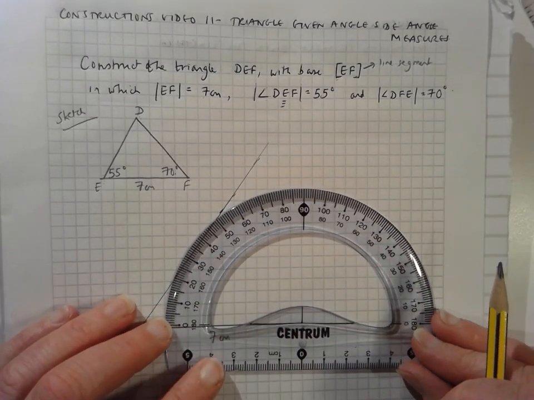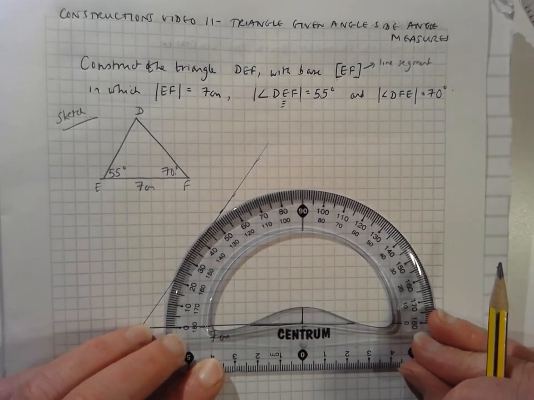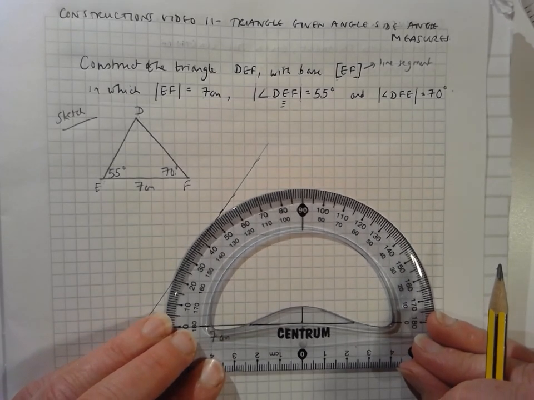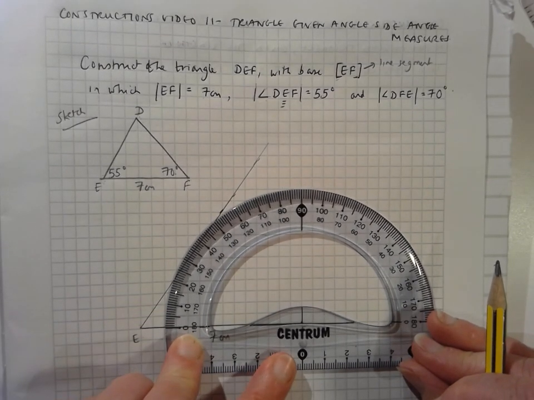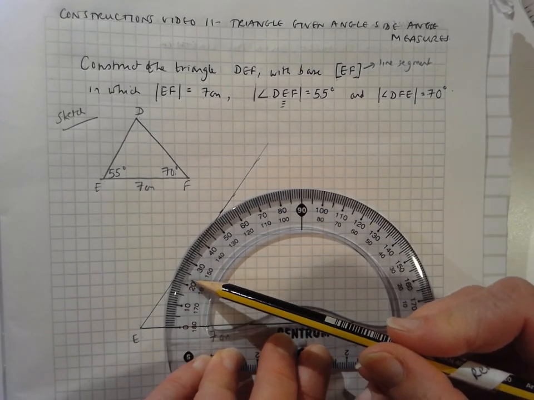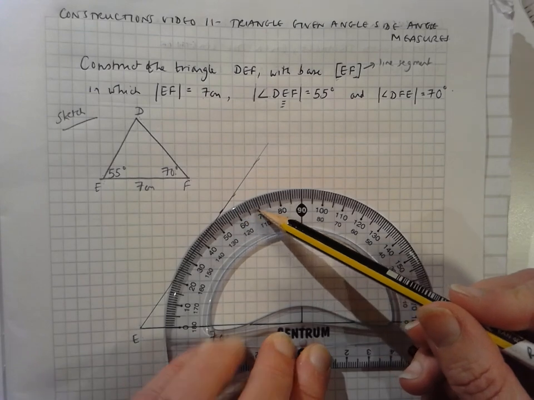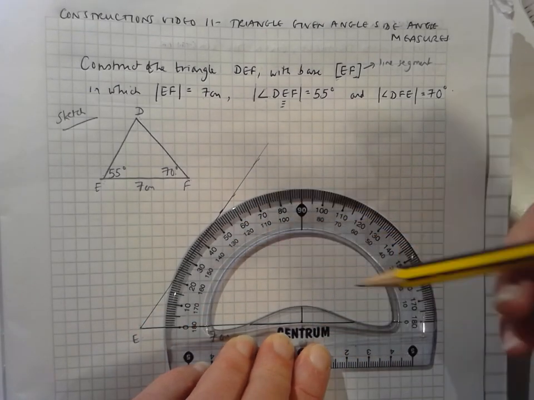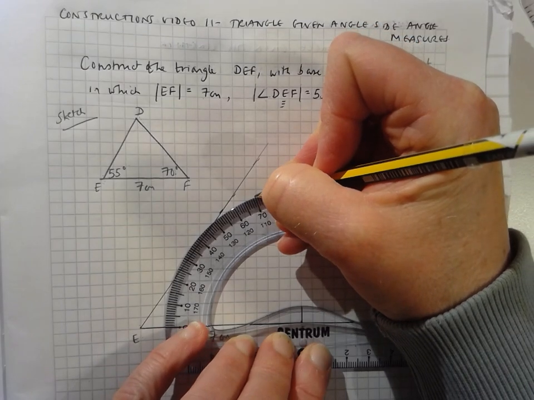There's my end of my line, F, so I'm lining that up there. The 70 degree angle goes around 0, 40, 50, 60, 70. Again, 70 degrees is less than 90 degrees, so less than a right angle.